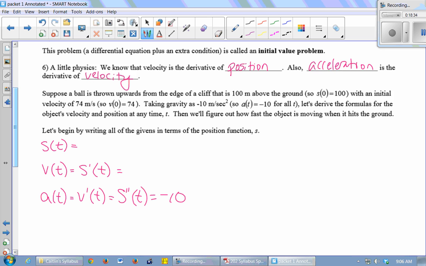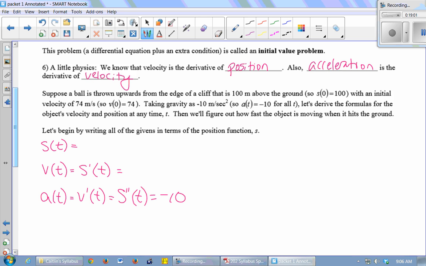And I'm given that the acceleration is negative 10. All right, so if acceleration is negative 10 meters per second squared, what's velocity? Yes, you're very, very close. Negative 10x plus c. What's wrong with that answer? Negative 10t. Right, it's t.